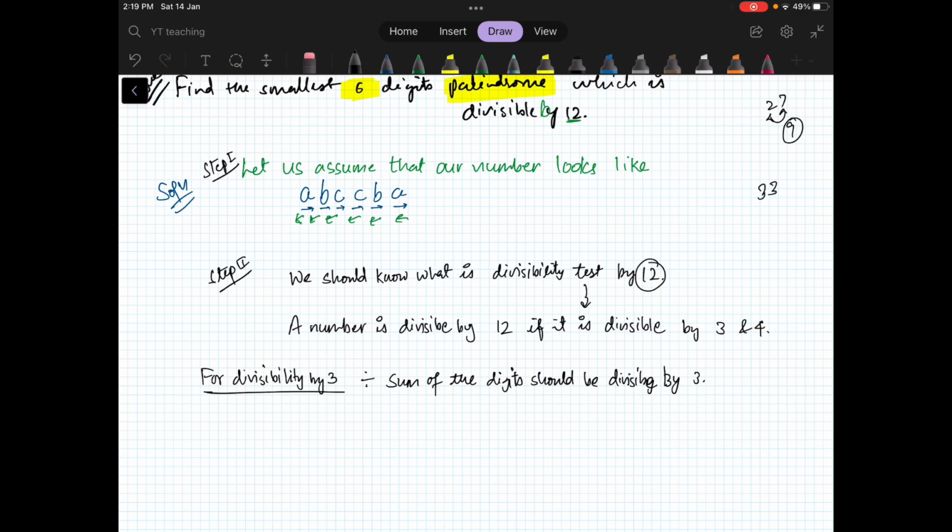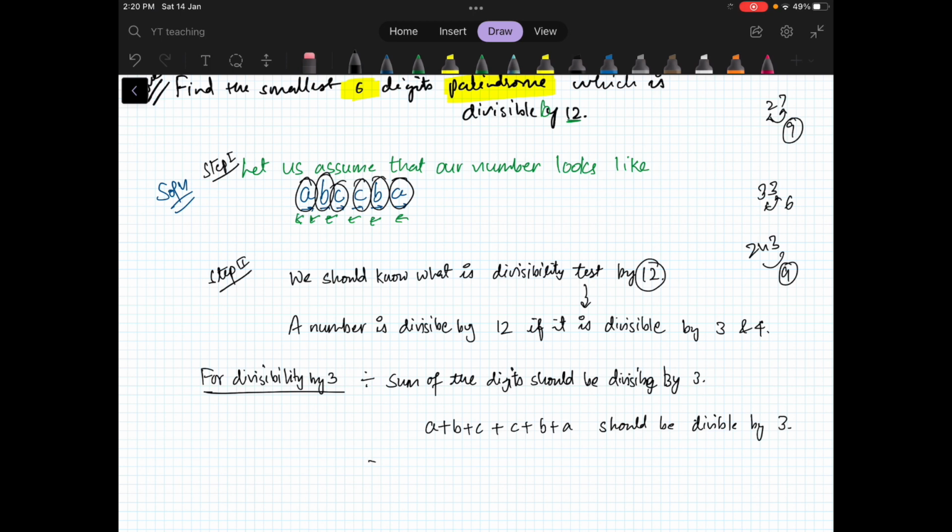You see 33, its sum is 6, divisible by 3. 243, its sum is 9, divisible by 3. So that is the test for divisibility by 3. Here, the sum of the digits is a plus b plus c plus c plus b plus a, which should be divisible by 3.